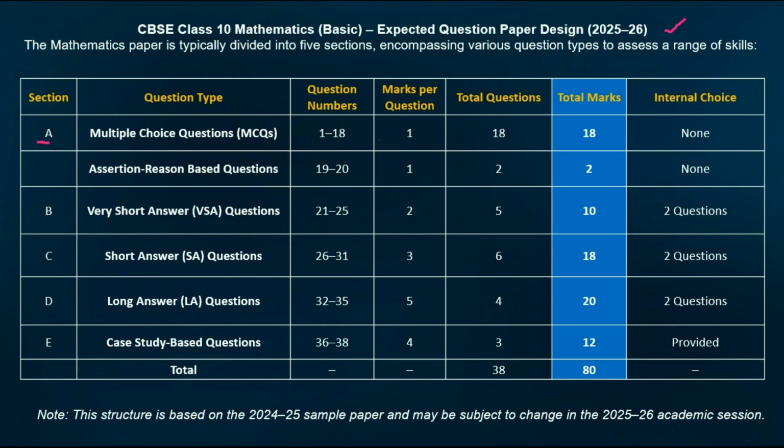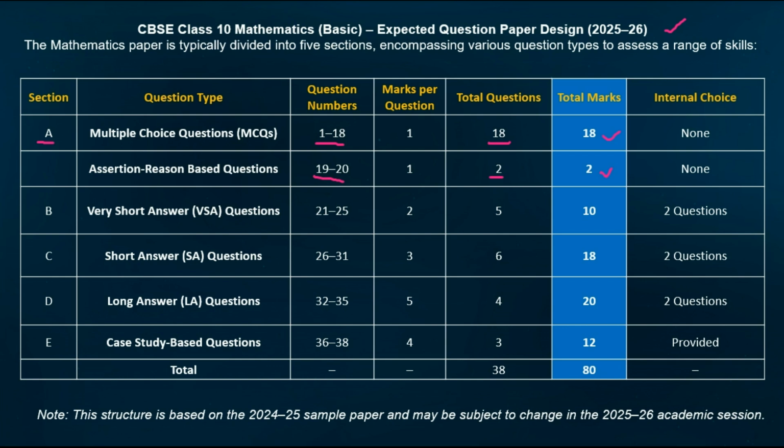Section A, multiple choice questions, question numbers 1 to 18, 1 mark per question, total questions 18, total marks 18, internal choice no. Assertion-reason based questions, question numbers 19 to 20, 1 mark per question, total questions 2, total marks 2, internal choice no.